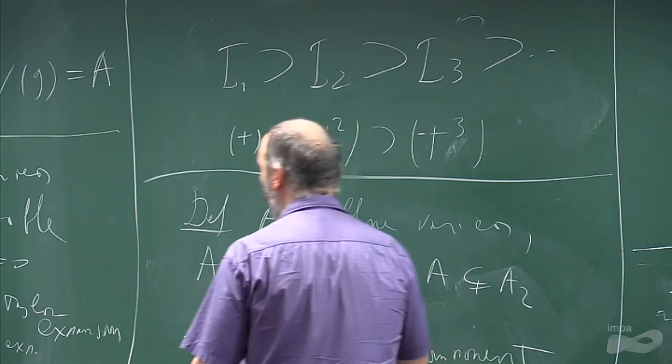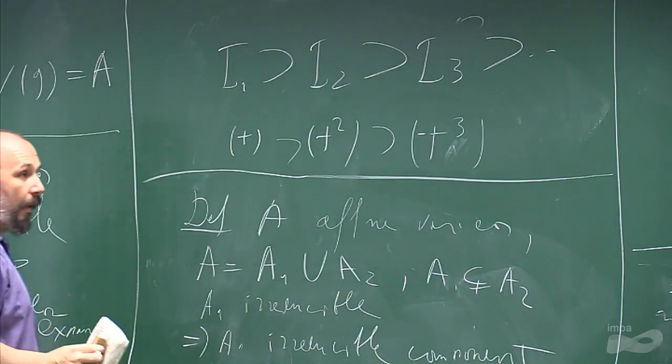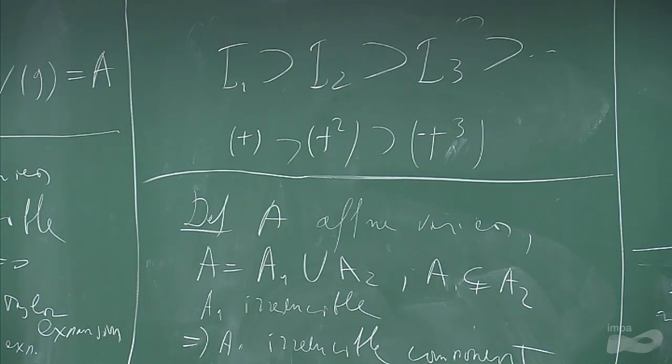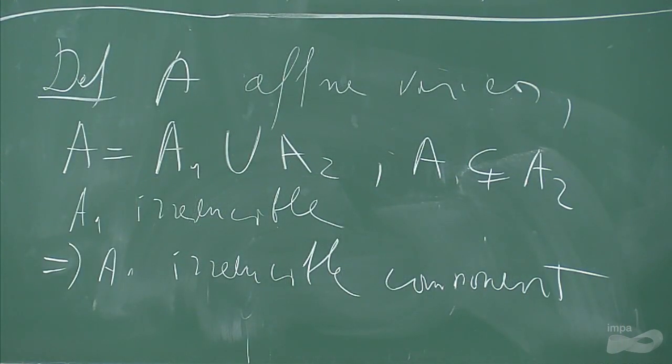This was the definition. And now the important result, which I'm going to prove, is that everything is a union of finitely many irreducible components. So this means that if you are really interested in geometry, you can restrict yourself to irreducible varieties, and then everything will be just a union of finitely many irreducible subvarieties.